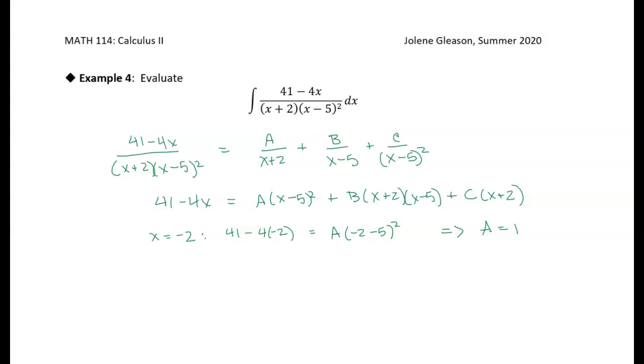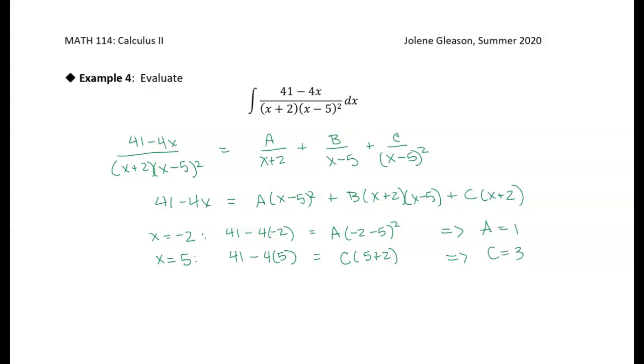Now let's just do x equals 5. When I do that, I'll get 41 minus 4 times 5, so that's 21. The first term will go away, the second term will go away, and I'll be left with C times 5 plus 2. So we have 21 equals 7C, which tells me that C is equal to 3.